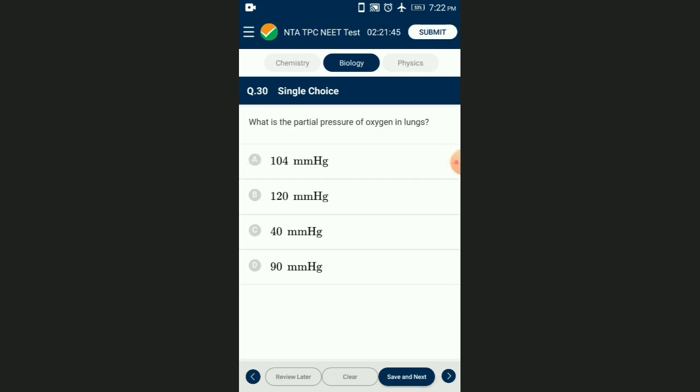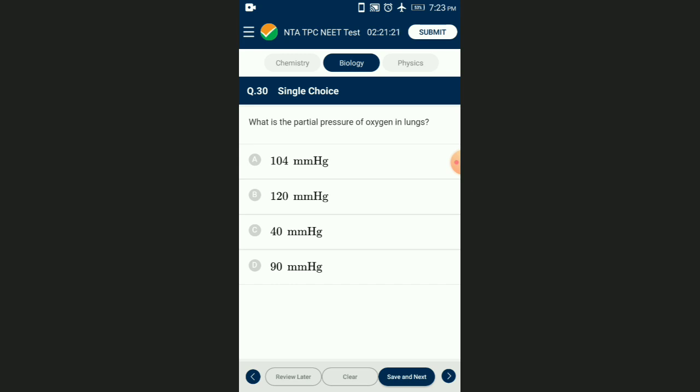Question number 30. What is the partial pressure of oxygen in lungs? The partial pressure is the driving force for the exchange of gases which takes place in the lungs. Partial pressure is the pressure contributed by the individual gas in the mixture of gases. It is represented as PO2 and PCO2.